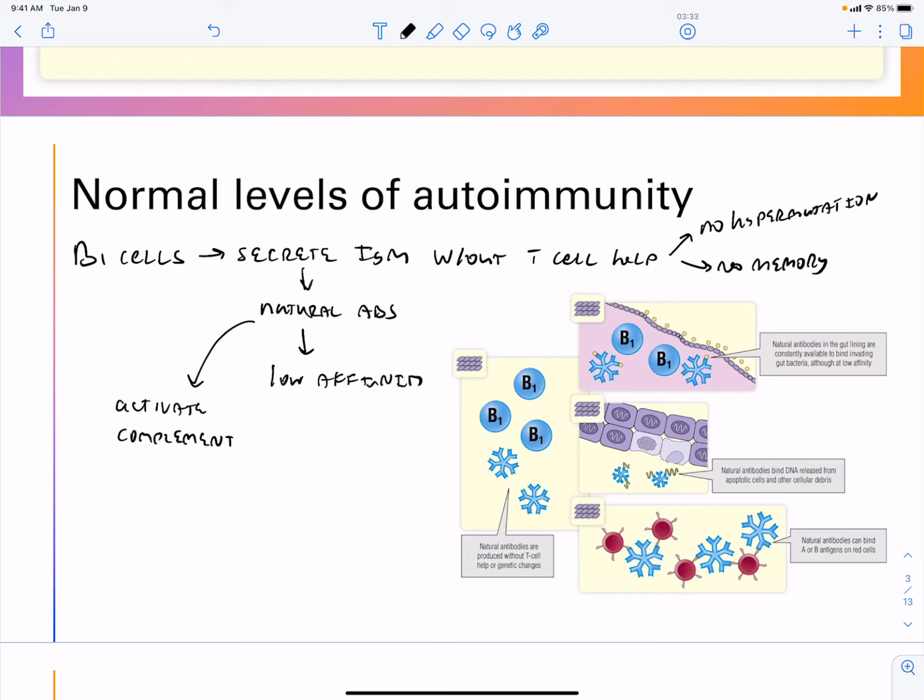Now, of course, that's what we know that IgM antibodies do. A lot of times they're going to cross-react with the red blood cell AB antigens. So your A positive, B positive, AB, or O. And they're also going to respond to sugars on bacteria.